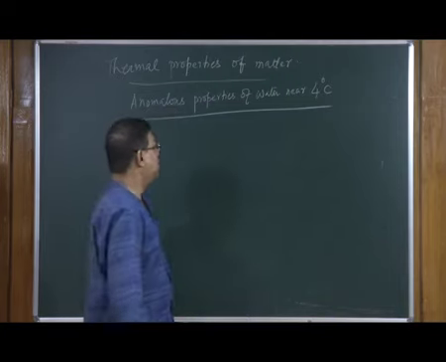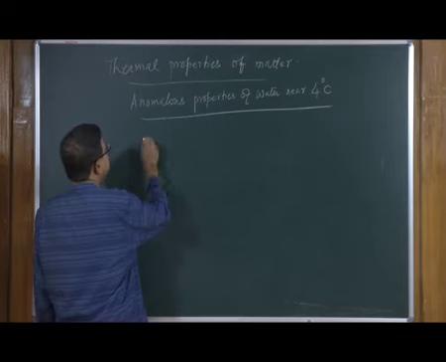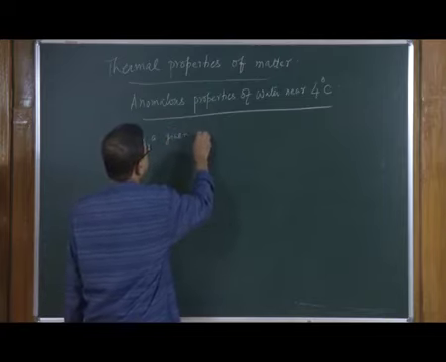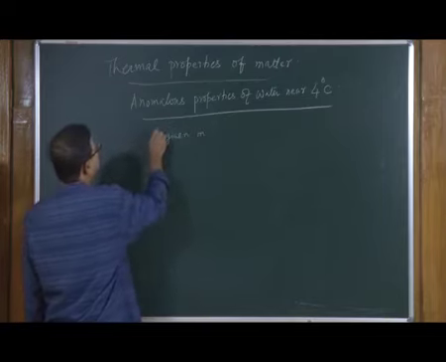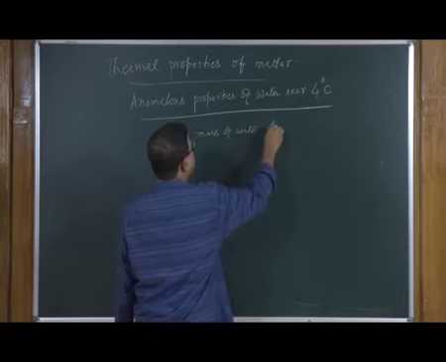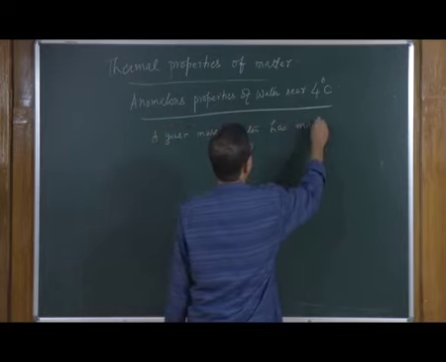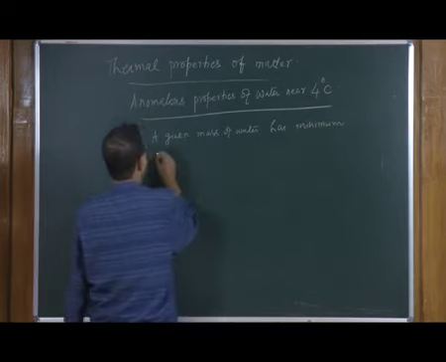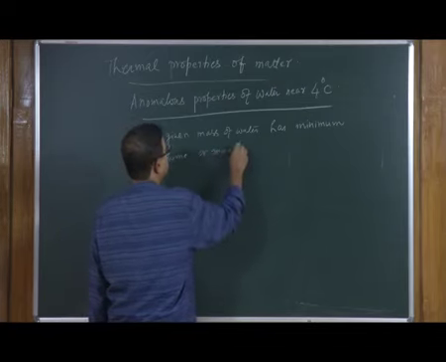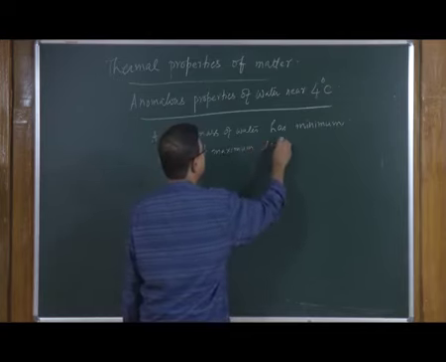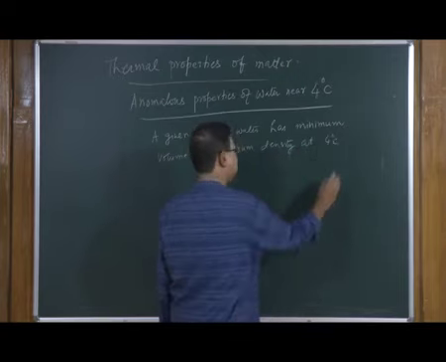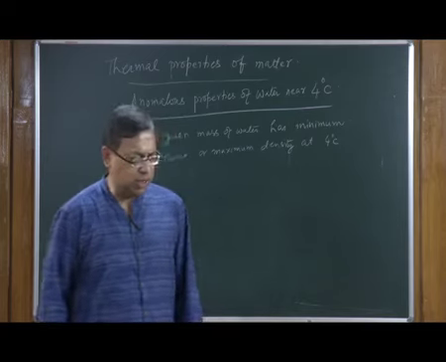So, just to tell you once more, the same statement is that a given mass of water has minimum volume or maximum density at 4 degree centigrade. It's in the very close vicinity of 4 degree centigrade.